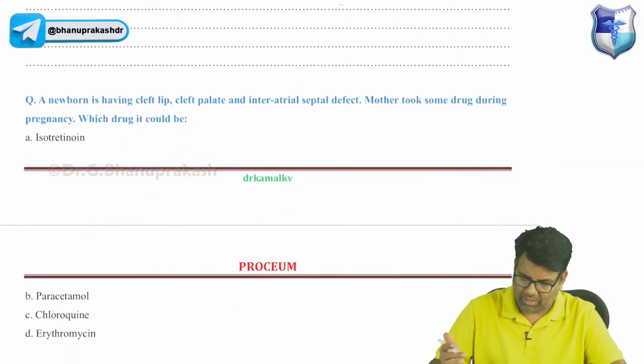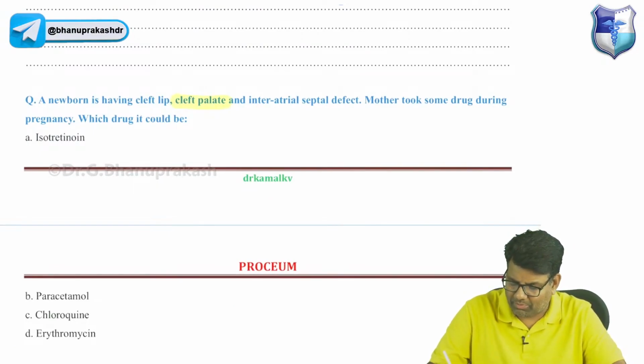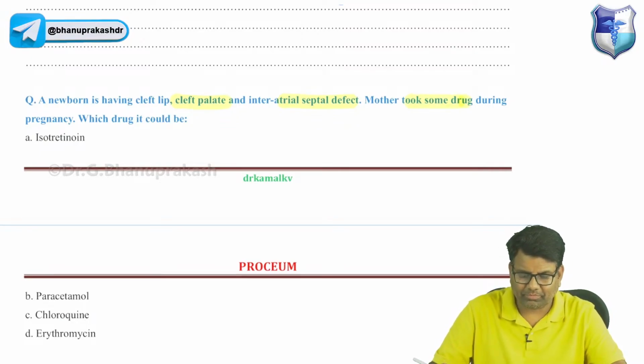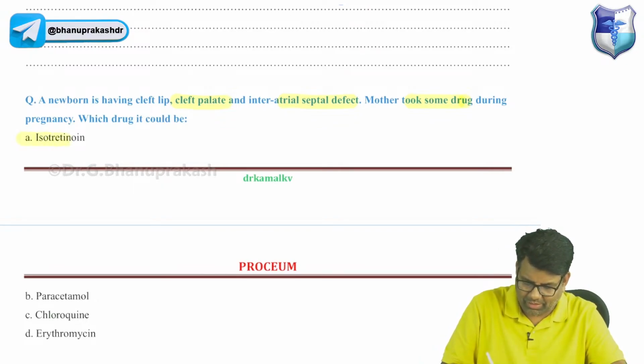Next question. A newborn is born with cleft lip, cleft palate is important here, ASD, and there is history of some drug intake by mother. What drug can it be? Yes, you are absolutely right. It is isotretinoin, and here the classical is cleft palate.